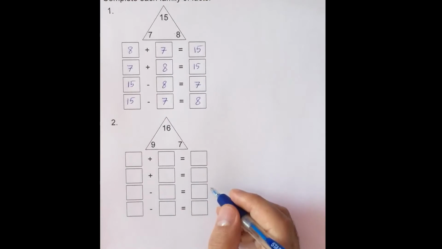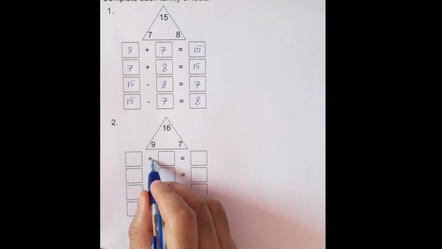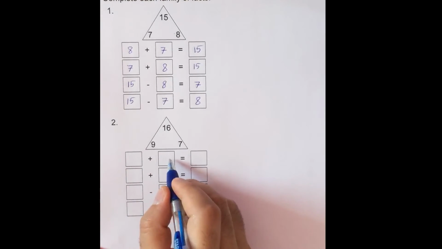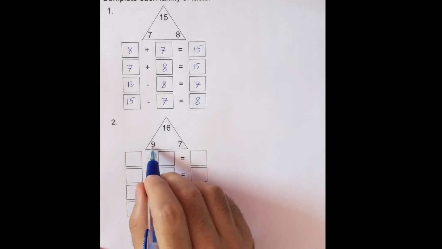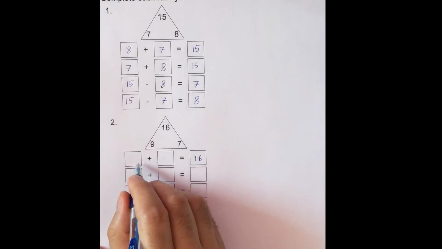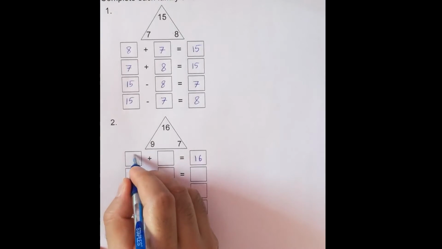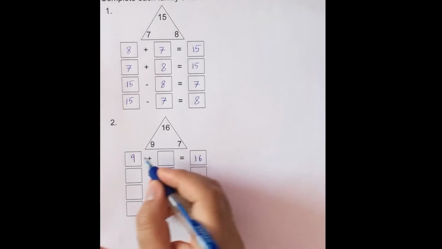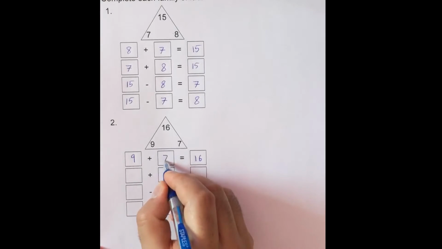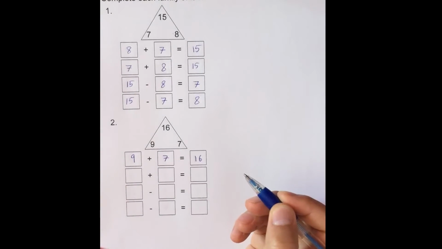Now let's go over this example. Again, because it's addition and the answer has to be greater than both of these, 16 is greater than both of these numbers, so you write 16. Then, because it's addition, it doesn't matter which number you write first, 7 here and 9 here, or 9 here and 7 over here, the answer still stays the same.